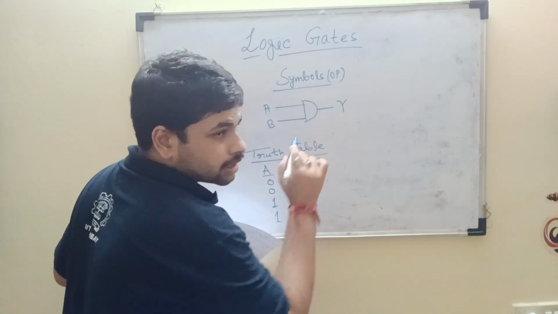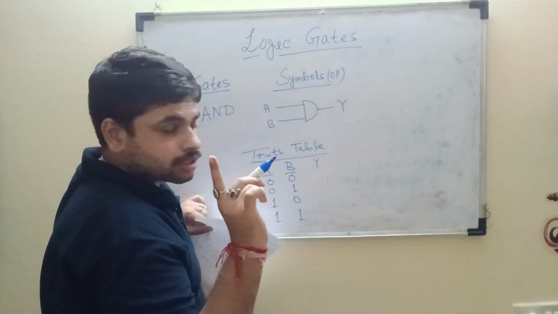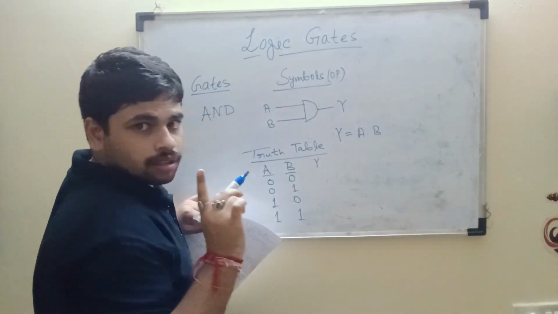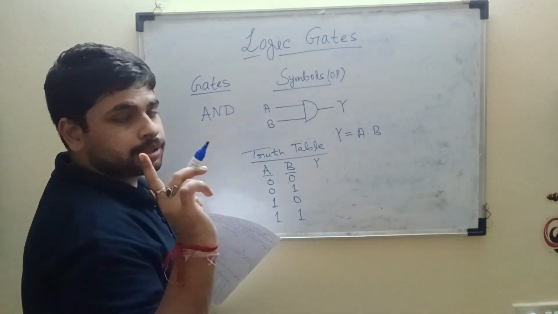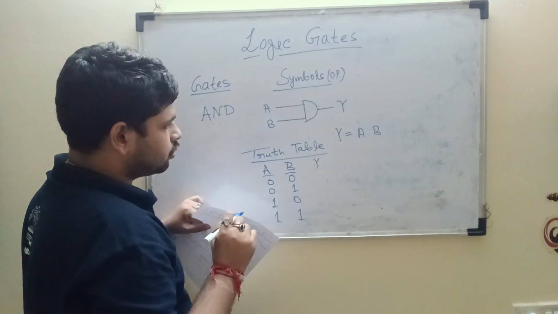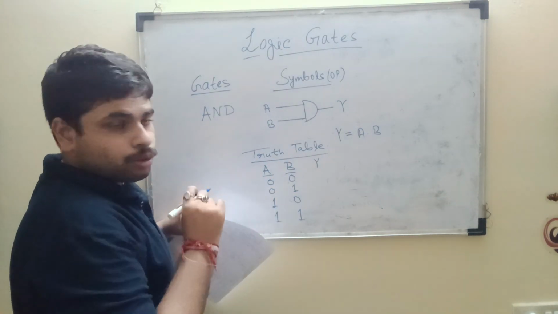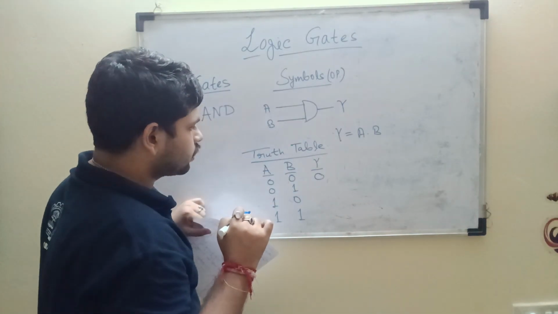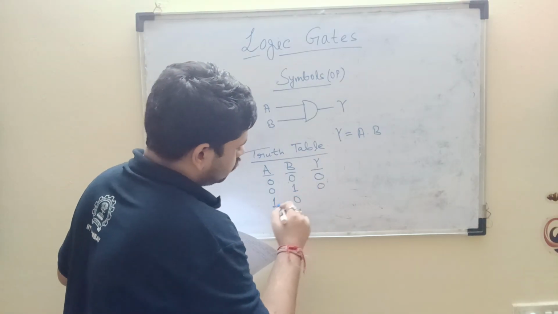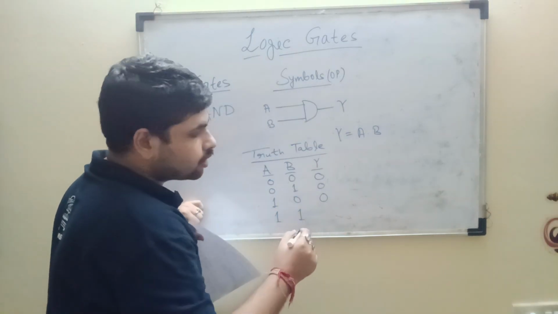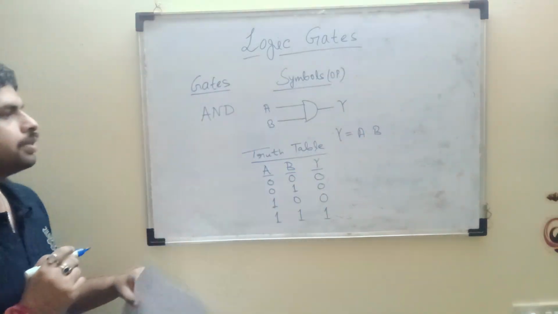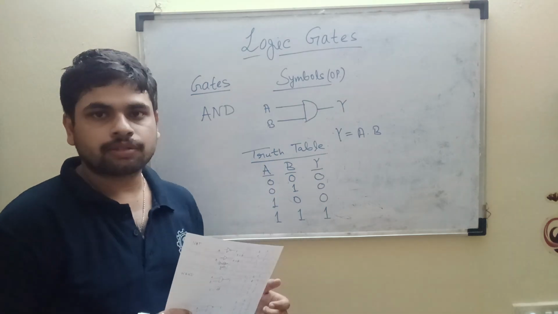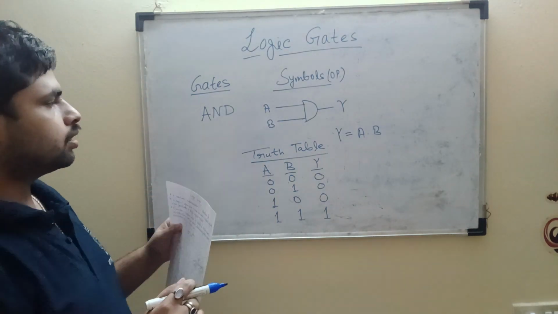Its operation, as I have mentioned, is a product, so Y equals A dot B. The multiplication of the inputs will be the output of the AND gate. For inputs A and B both 0, 0 times 0 gives output 0. Then 1 0 gives 0, 1 0 gives 0, and 1 times 1 is 1. So this will be the corresponding truth table for the AND gate. Next we will draw the OR gate.